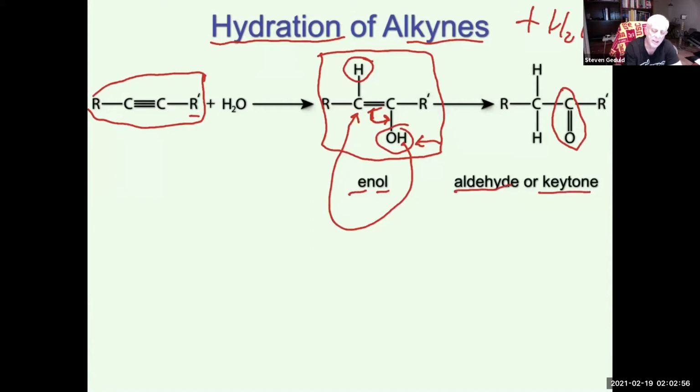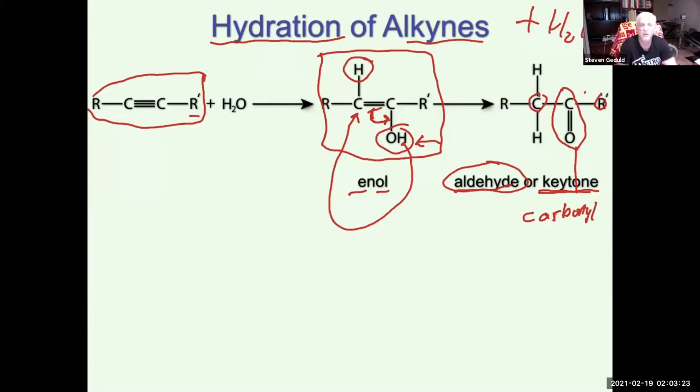An aldehyde has this carbonyl group. A C double bond oxygen, that's a carbonyl group. If the carbonyl group has two carbons attached to it, it's called a ketone. If one of those groups is an H, it's called an aldehyde.